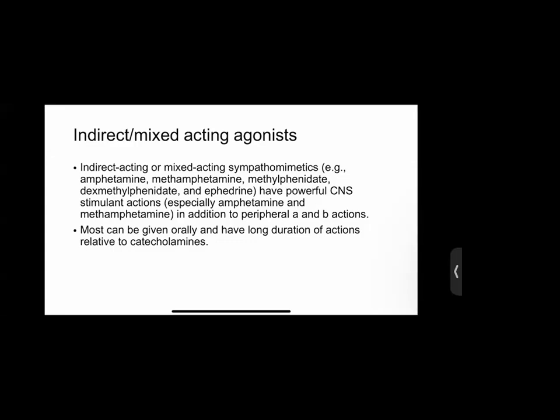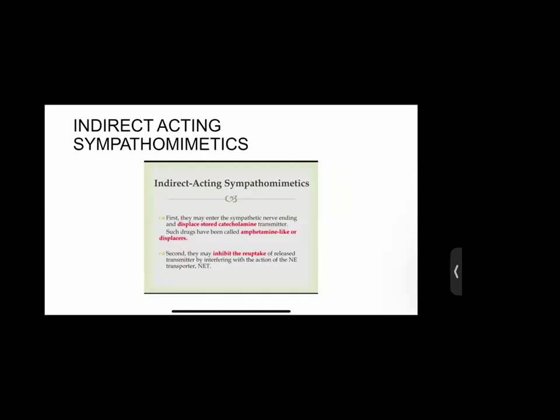These drugs have powerful central nervous system stimulant action, especially amphetamine and methamphetamine. And that's why in the recent past, they've been drugs of abuse among the youths. In addition, they also have both peripheral alpha and beta action. Most of these drugs can be taken orally, and they have long duration of action relative to the catecholamines.